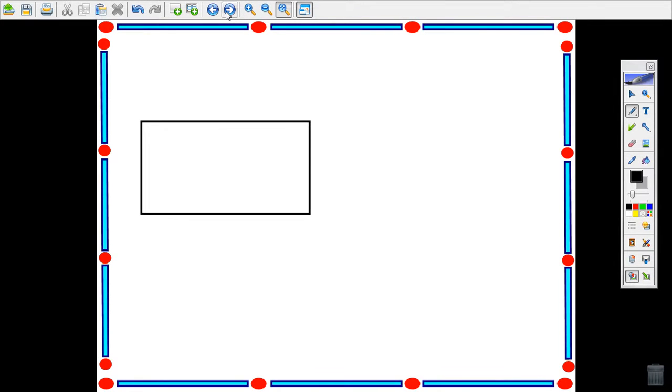Let's practice creating fractions. So creating equivalent fractions. Now remember, an equivalent fraction means they're the same size but cut into different size pieces. So let's say we have 2/4. Okay? This square is going to be 2/4.